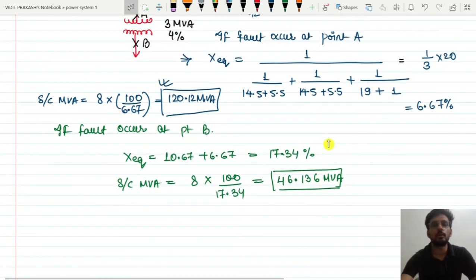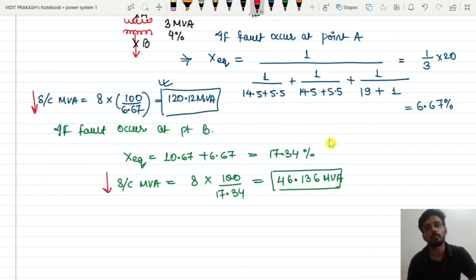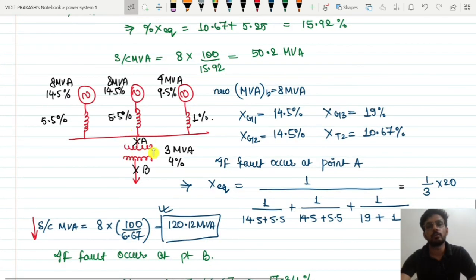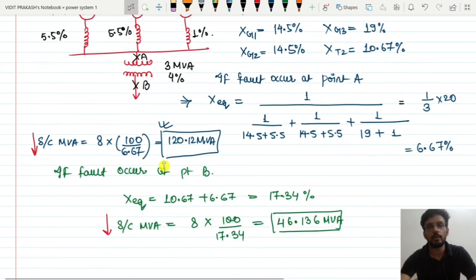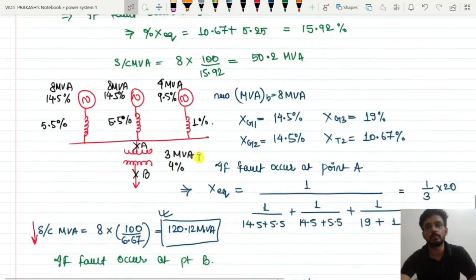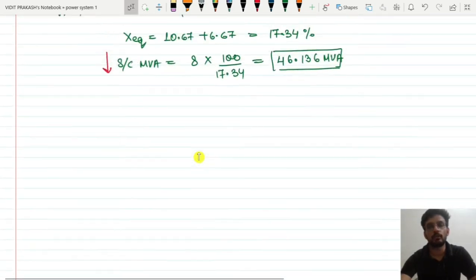So here also the short circuit MVA value gets reduced. So the required rating for the circuit breaker in this network with the reactor is reduced. We need a lower rating of circuit breaker as compared to the first one. So this is why we connect reactors.